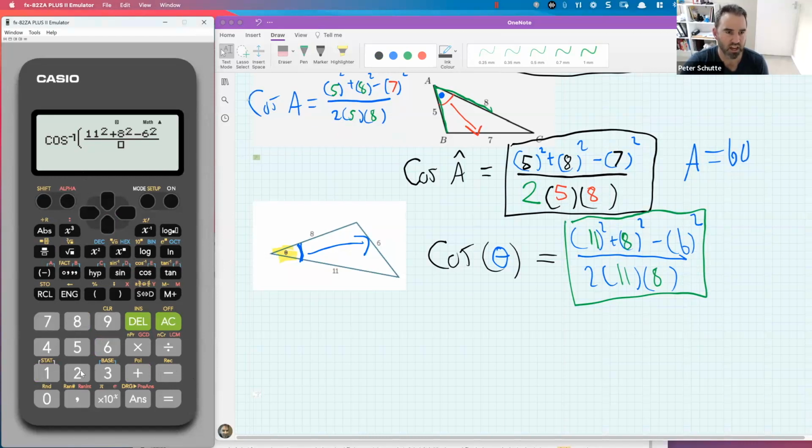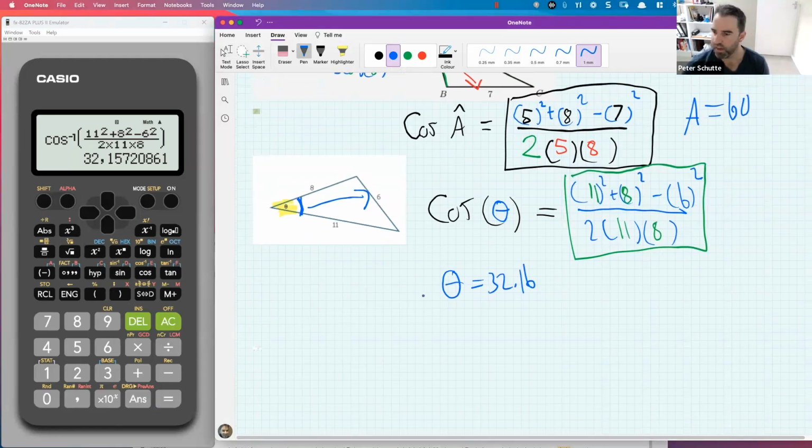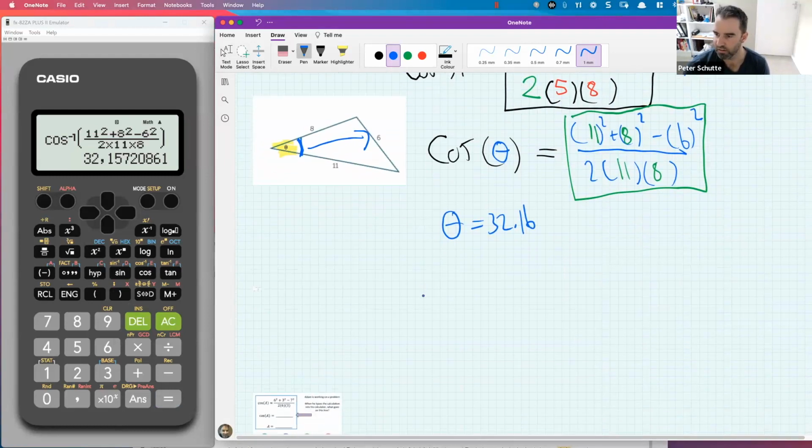You should get the same answer. There are multiple ways of doing this, but you should get the same answer as me if you've done all the correct working. So you should have got in this one 32.16 as your theta. Did you get that? Yes, I did. Fantastic. Well, then I think we should do another one.